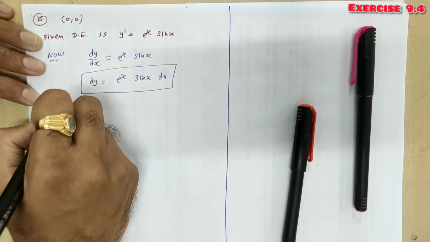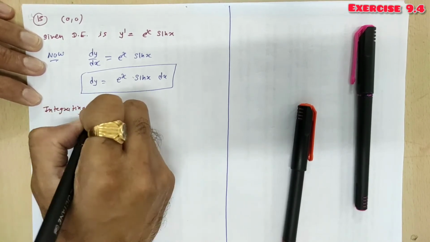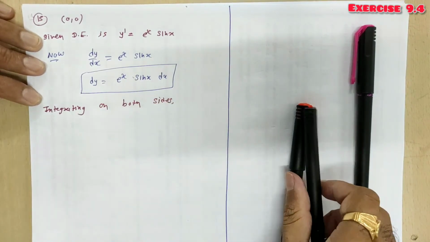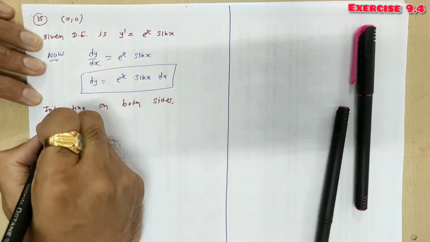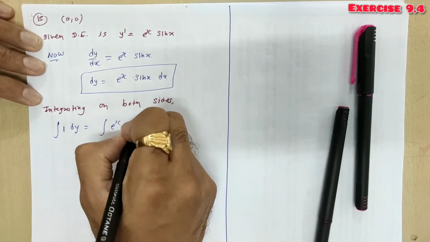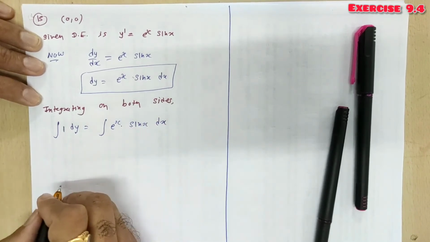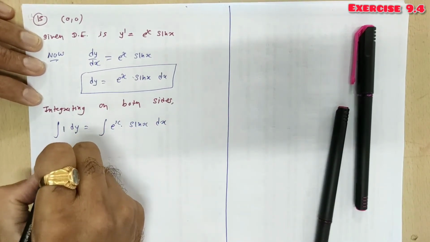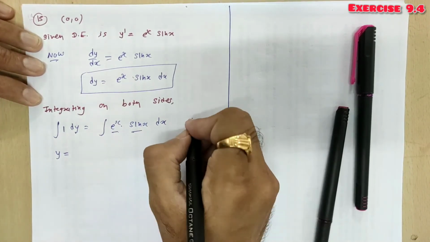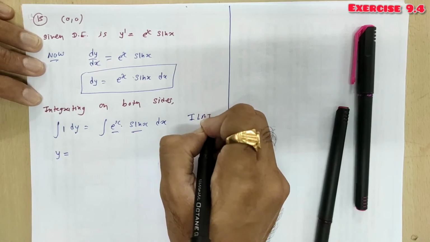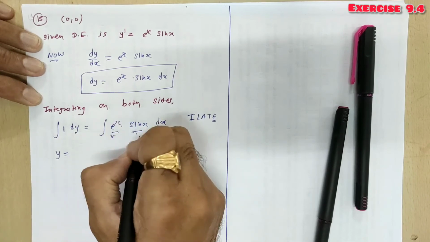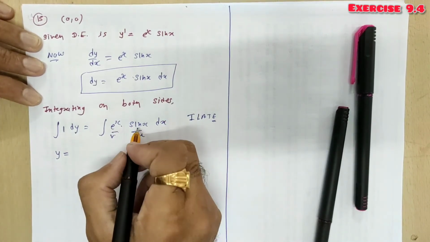So integrating on both sides, it's the integration of 1 dy equal to integration of e raised to x sin x dx. Now integration of 1 with respect to y is y, but here two functions are in multiplication, so we will apply integration by parts, in which the exponential function can be considered as v, and this is our u.